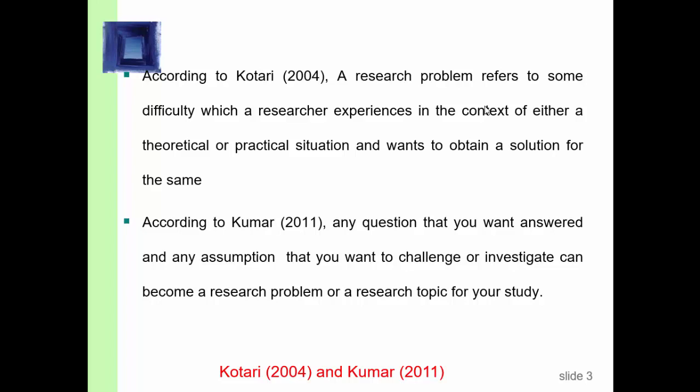According to Kumar 2011, any question that you want answered and any assumption that you want to challenge or investigate can become a research problem or research topic for your study.